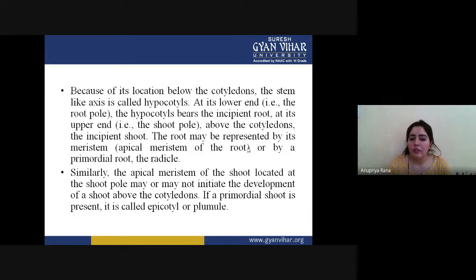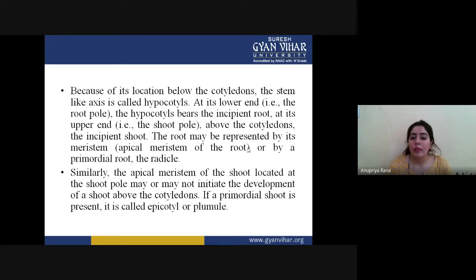For their initiation, a primordial shoot will be present, which is the shoot that has to be present in an embryo, or inside the seed. If we see a seed structure, as we already saw, it looks like an embryonic plant, with a very small leaf at the top and a very small radicle at the bottom, for the formation of fruit.